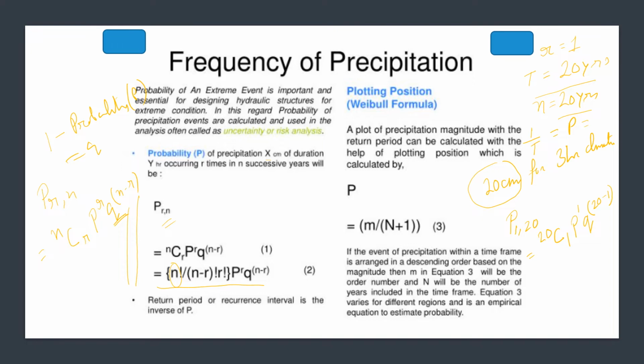Now 20C1, you see, this is nothing but 20 factorial divided by (20 minus 1) factorial, then R factorial, that is 1 factorial, correct?